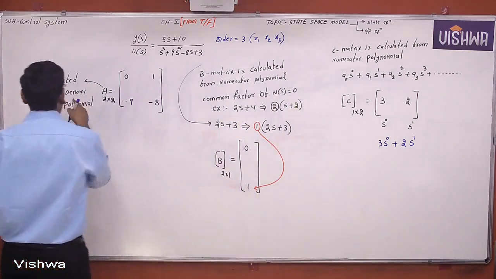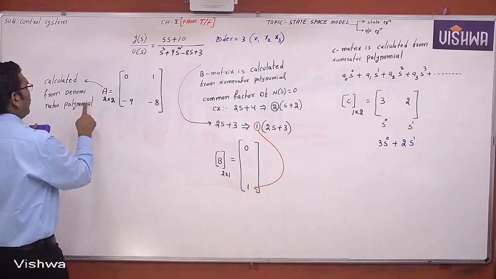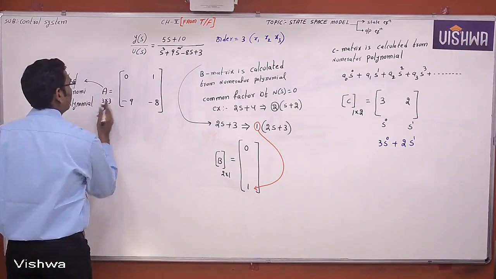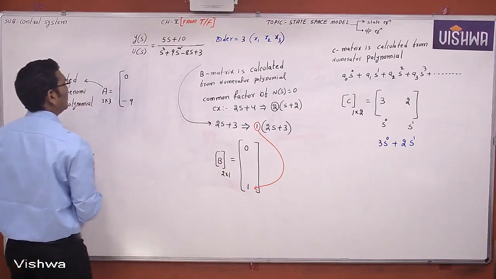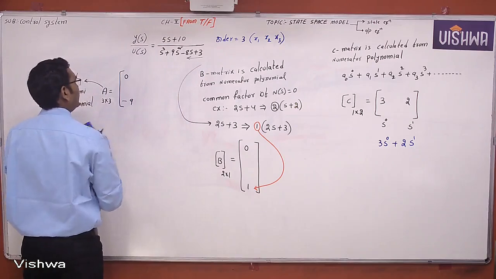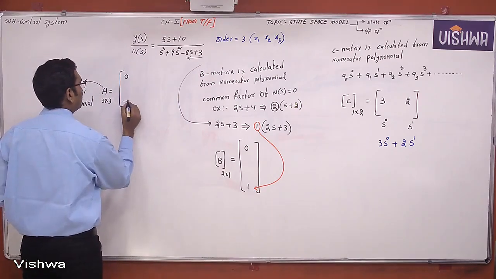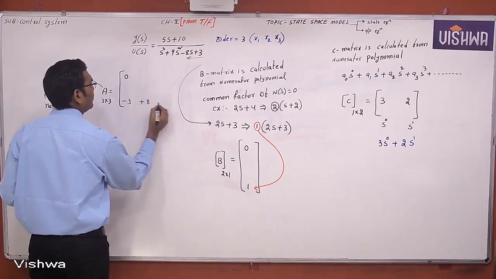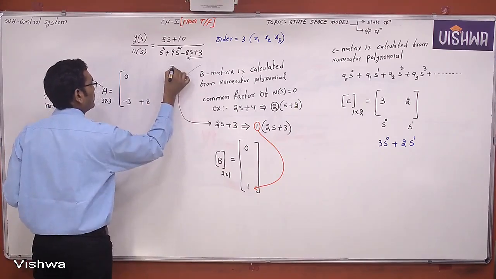Calculated from the denominator polynomial, the A matrix order is 3 by 3. If the A matrix order is 3 by 3, what is the last row? Move from right hand side to left hand side. So take the quotients with opposite sign. Plus 3 becomes minus 3, minus 8 becomes plus 8, plus 9 becomes minus 9.